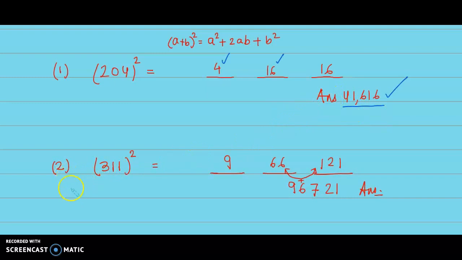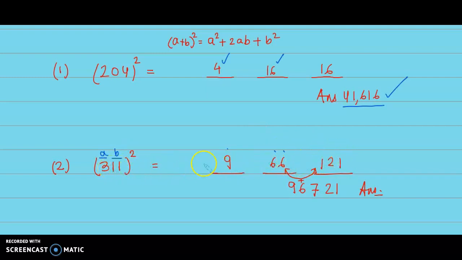Now coming to the next example, that is 311 whole square. Again we will follow the same process. We will consider this as one digit and this as another digit, so A and B, and this will be A square, 2AB and B square.